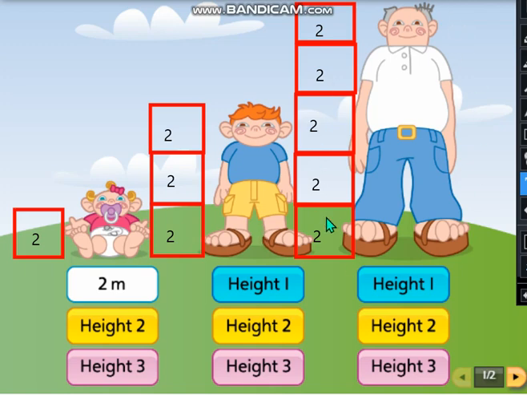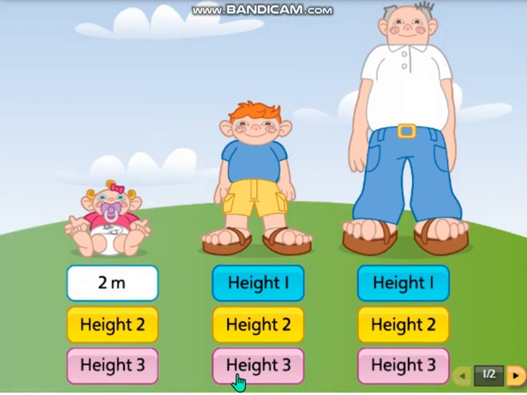The daddy giant is 2 times 1, 2, 3, 4, 5. 2 times 5 would be 10 meters. Now let's take a look at the heights here: brother is 6 meters and dad is 10 meters tall.